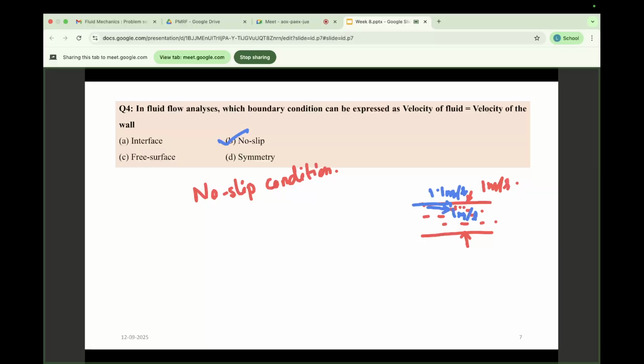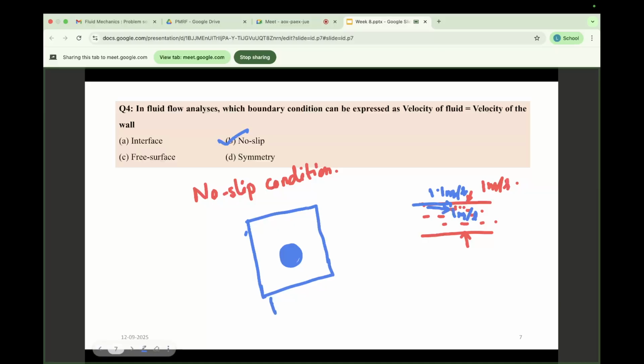And also symmetry. Say I talk about a scenario: this is a pipe, and this is a liquid domain.